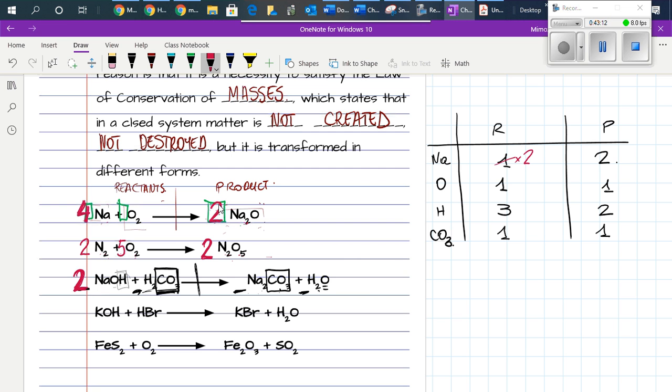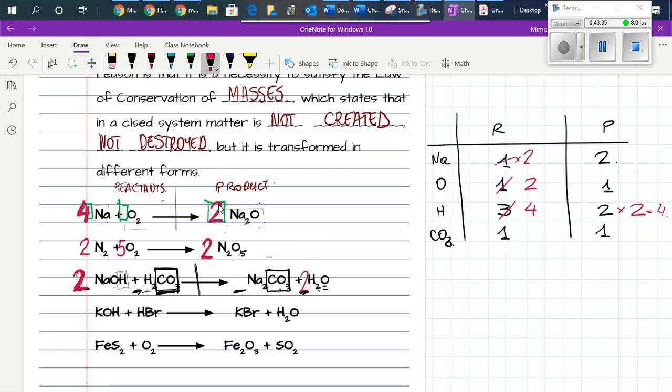And what do we see in this case? We make the oxygen 2 and we make the hydrogen 4. And in order to make the hydrogen 4 on the other side, we have to add a coefficient of 2 here. And in this case, all of them are balanced.